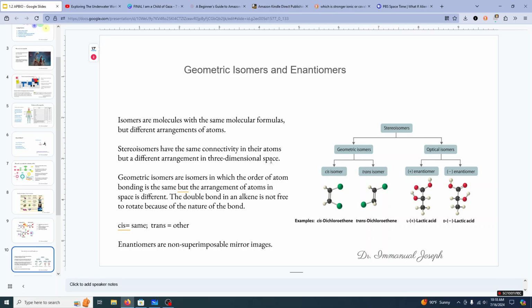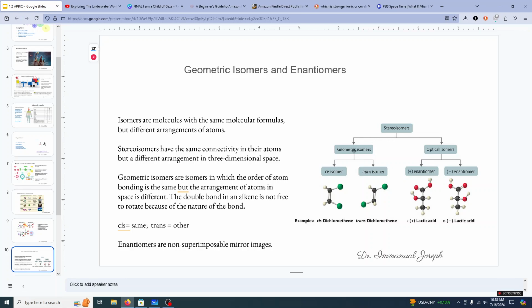They would have the same molecular formula, but depending on how I'm arranging it, I could end up with different molecules. Those are isomers. Stereoisomers are a class of isomers. They have the same sequence or arrangement of atoms, but a different arrangement in three-dimensional space.